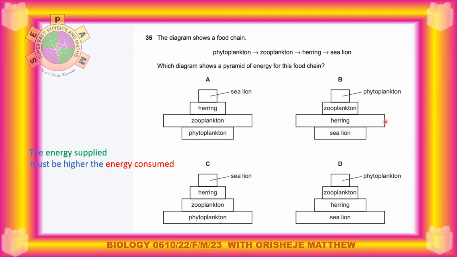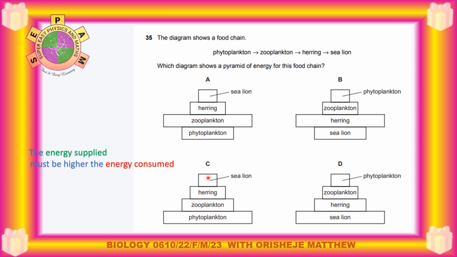Now this one is totally upside down, so that means the herring is feeding on the sea lion, which is wrong. Then we have the phytoplankton, which is the producer, then the primary consumer, secondary consumer, and then tertiary consumer.